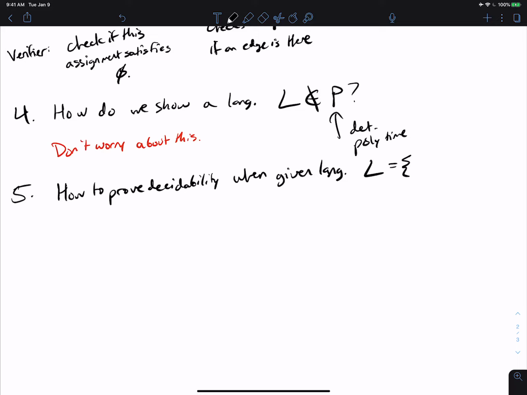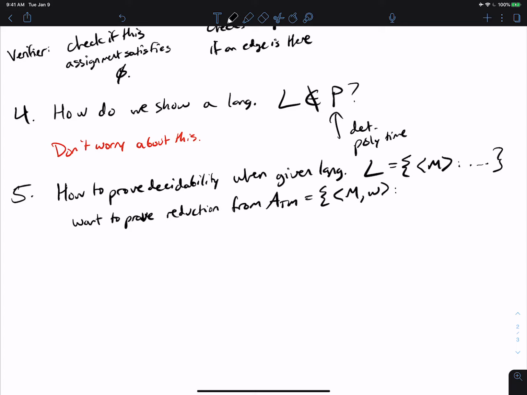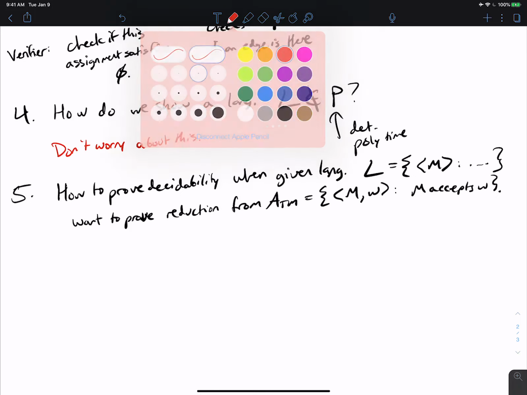So L is a set of machines of some form, so M is a machine in this case, but we want to prove a reduction from ATM, which is the set of pairs ⟨M, w⟩ such that M accepts w. There's a clarification here: how do we come up with the w part if it's not given in the problem? For this one, you don't have to worry about it.